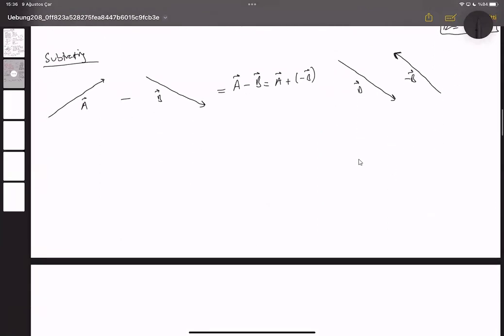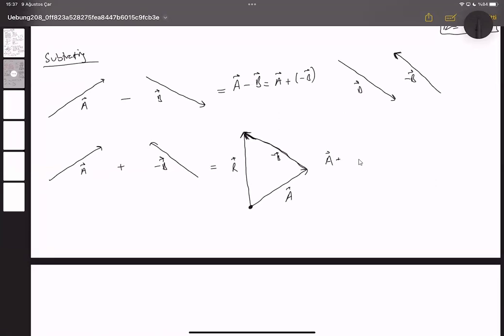If we do it like this, a plus minus b, we can easily find the solution. Our sum vector starts at the same starting point as a and ends at the same ending point as minus b. So it makes r again.